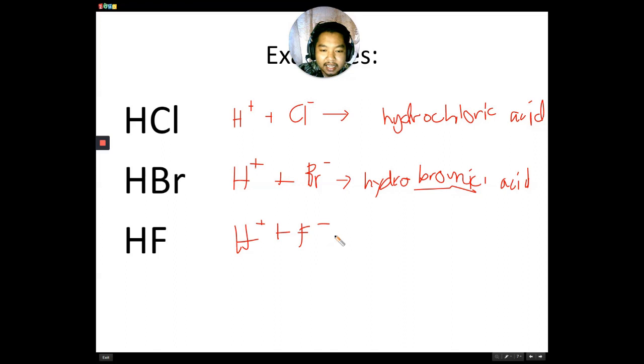And lastly, how about my hydrogen fluoride? So this becomes hydro, hydrofluoric acid. It's hard to write, forgive me.